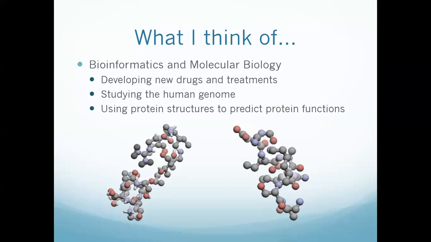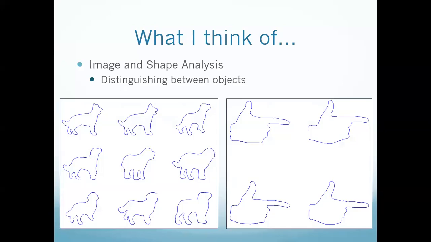And also a very interesting applying area is image processing or image and shape analysis. For example, when we scan something, let's say we are scanning the surface like this, but the scanner doesn't know what this is.